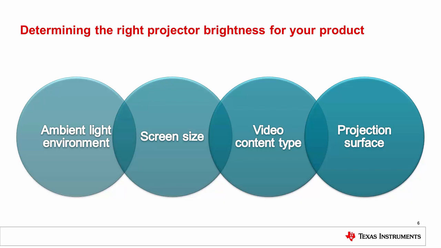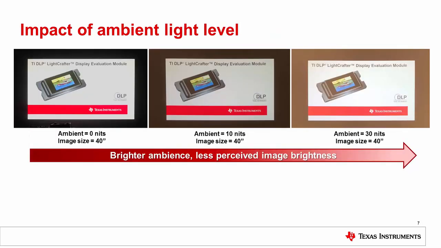Now let's delve deeper into the impact of ambient light on perceived image brightness. Ambient light levels vary significantly across different in-application environments. Here we show an example of the impact of different ambient light levels on the perceived image brightness using a projector outputting 410 lumens.